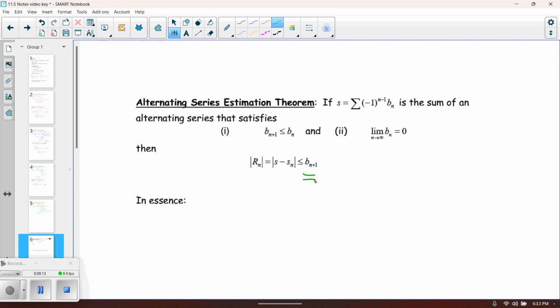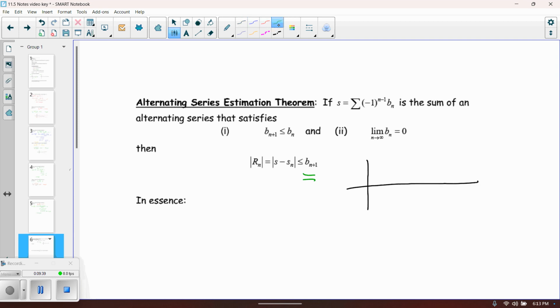That's exactly the same idea that it was in the integral test. But the key here is because it's an alternating series, all of that is less than or equal to the b sub n plus 1 term. What does that b sub n plus 1 term mean? So let's take a look at this graphically real quick.